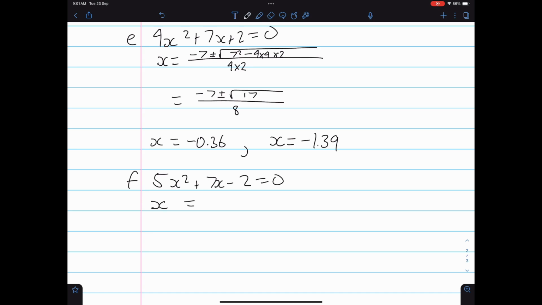So this is the last one for this section, and we just do the same thing as before.